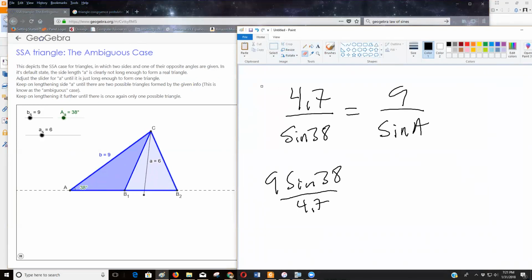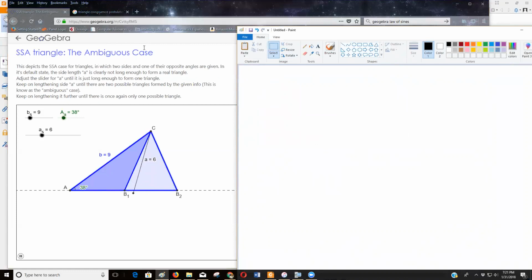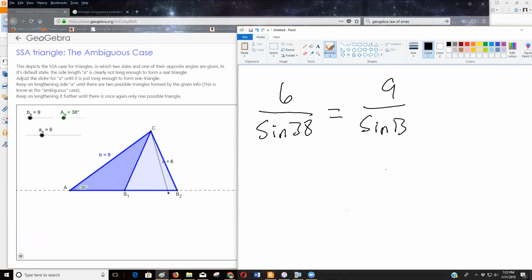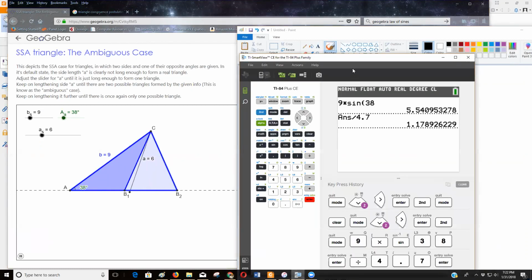If I say 6 over the sine of 38, and I'm looking for the measure of angle B, then I do 9 over the sine of angle B, and I try to use my calculator with that.